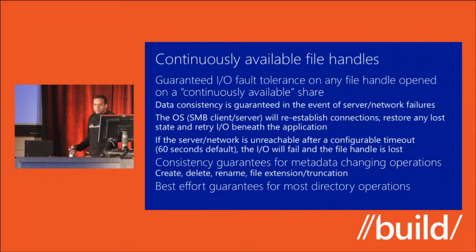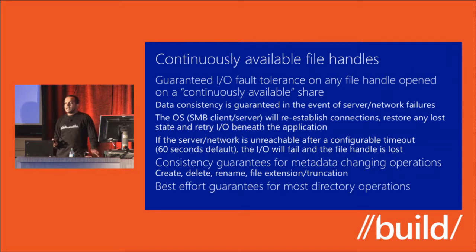Now, the basic theme with respect to your applications is what is called continuously available file handles. So those who are familiar with Windows Win32 or .NET, you open a file and you get a file handle or a stream handle or whatever, and this handle is continuously available in the sense that once you issue I/O on the handle, the SMB client will make sure that the I/O happens on the server.